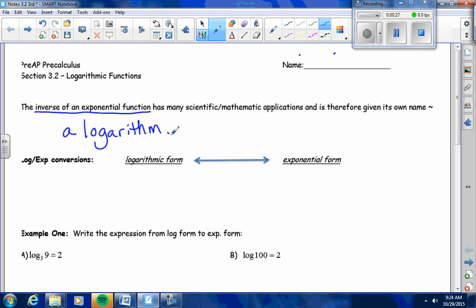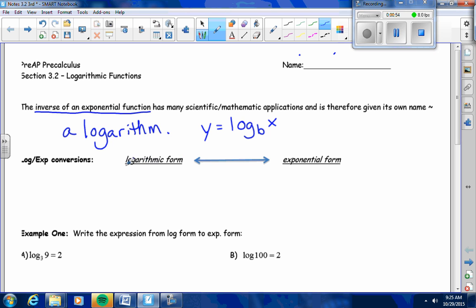The form of a logarithmic function is y equals log base b of x. Logarithms and exponential functions are inverses of each other, and so their forms are interchangeable.